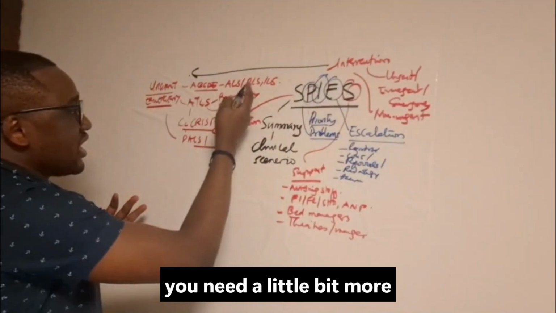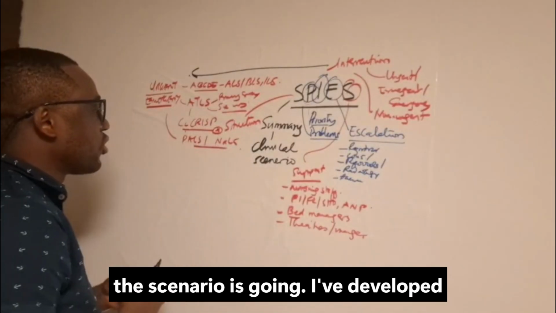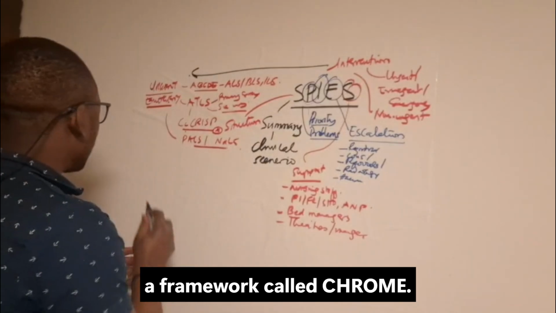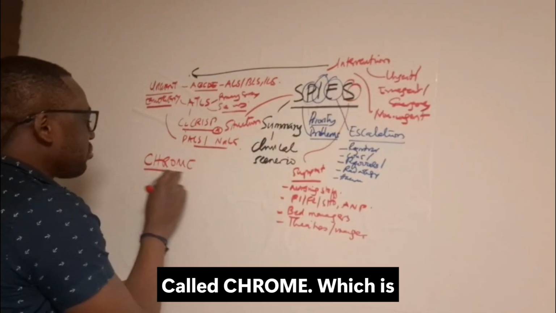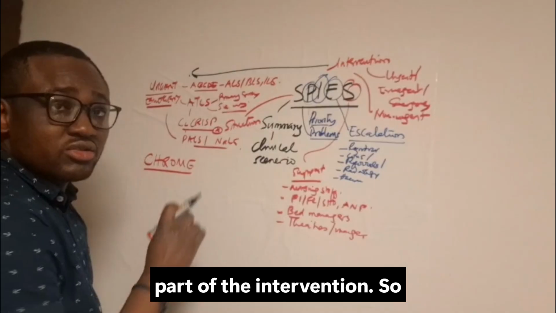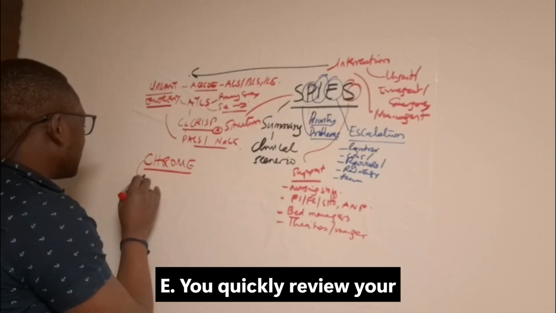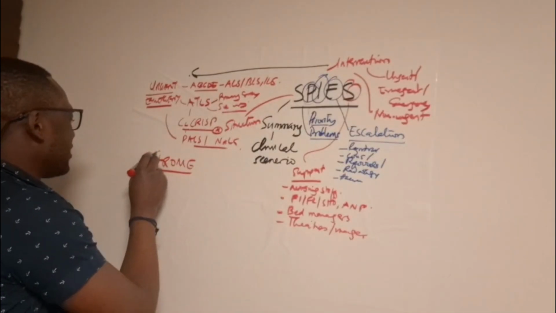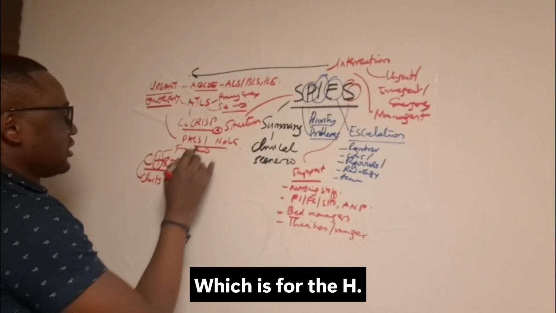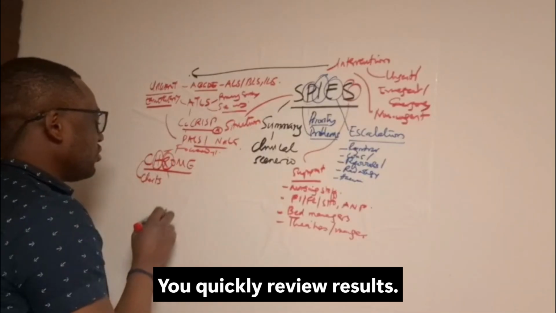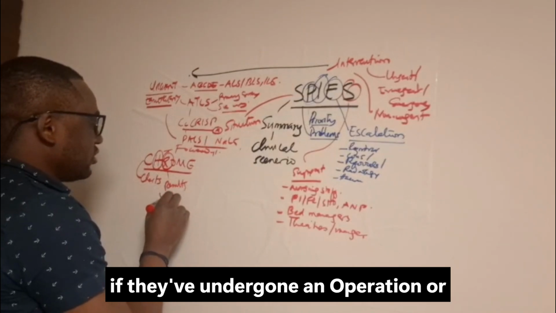Now, sometimes you need a little bit more detail depending on the way the scenario is going. I've developed a framework called CHROME, which is part of the intervention. So after you've done your A to E, you quickly review your patient's charts, which is C. You take a focused history, which is the H. You quickly review results, so blood results, radiological results.